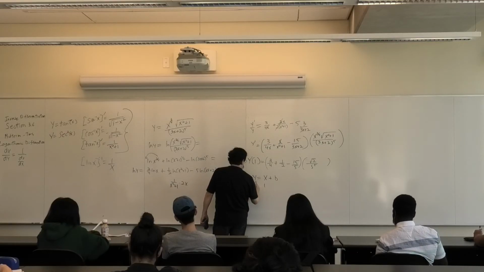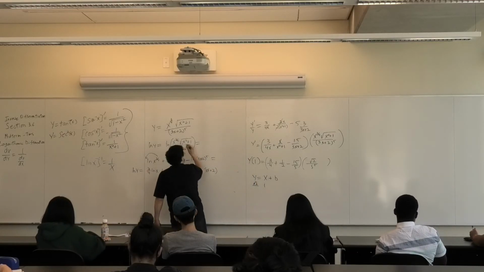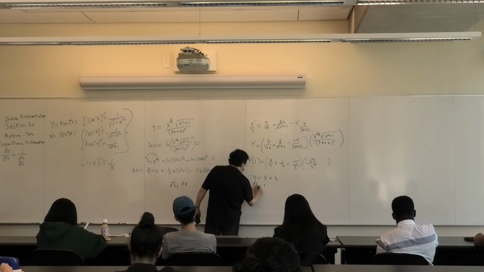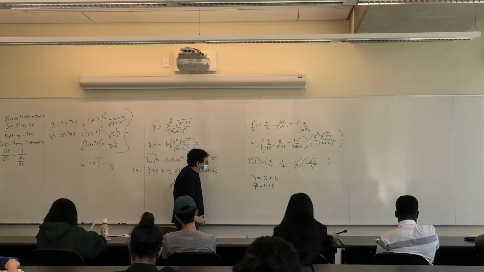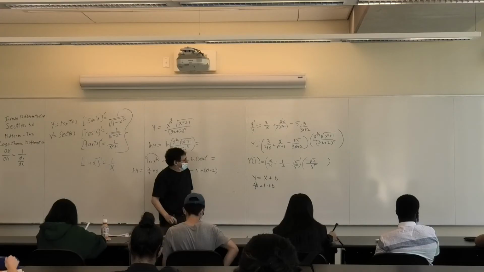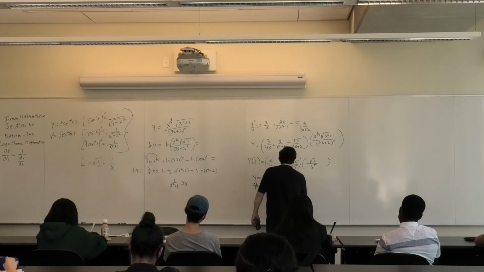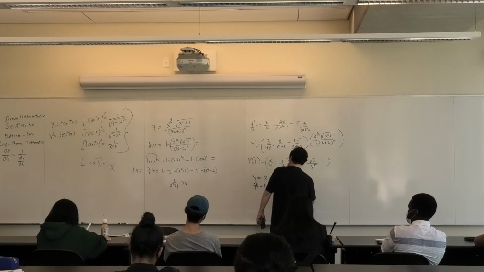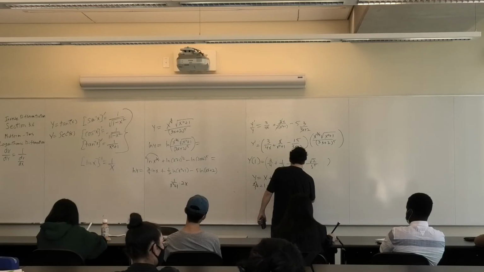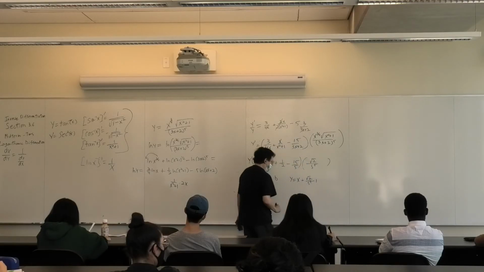Square root of 2 over 5 to the 5th. Now I can find out b. So y equals x plus square root of 2 over 5 to the 5th minus 1. That's my tangent.